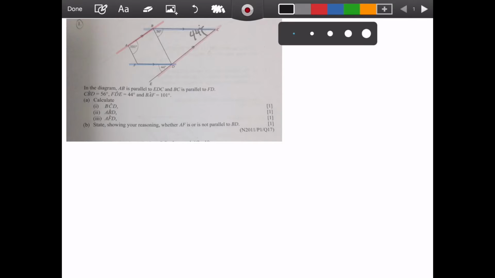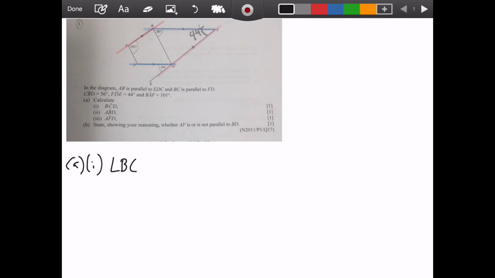Let me write down the reasoning. Question A, part 1, I will say that the angle BCD will be equal to the angle FDE, and the reason is because this is a corresponding angle, as FD is parallel to BC.